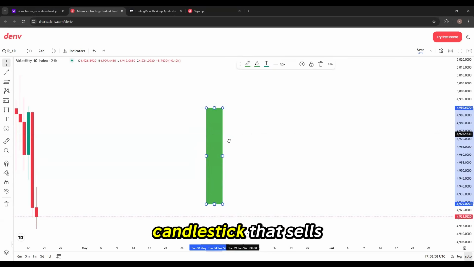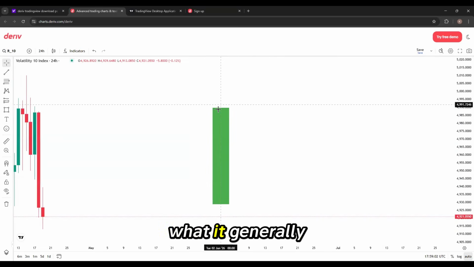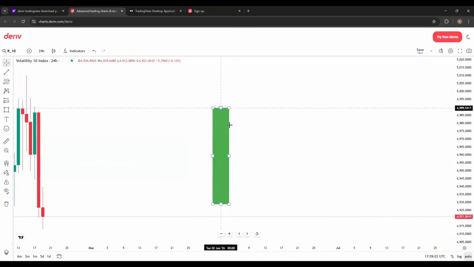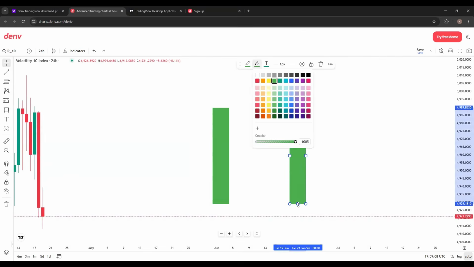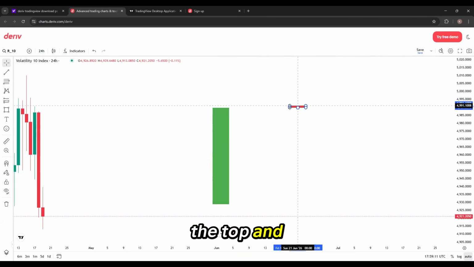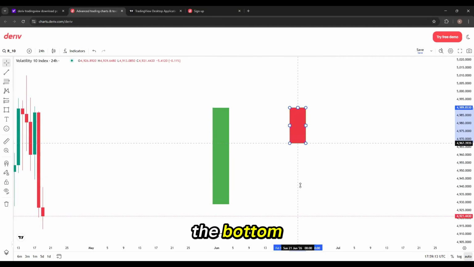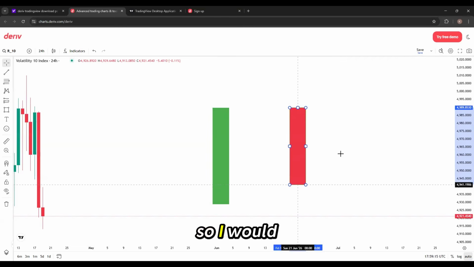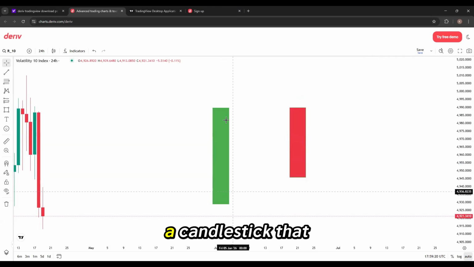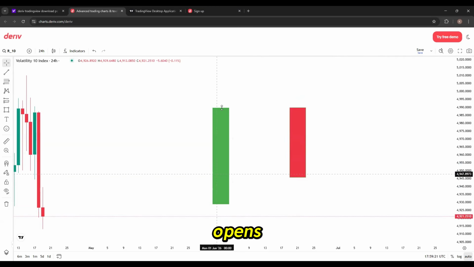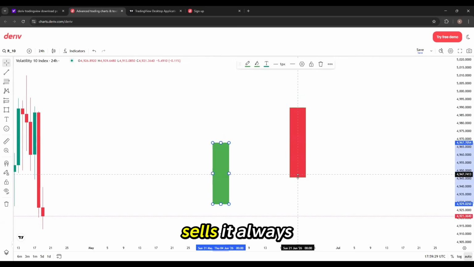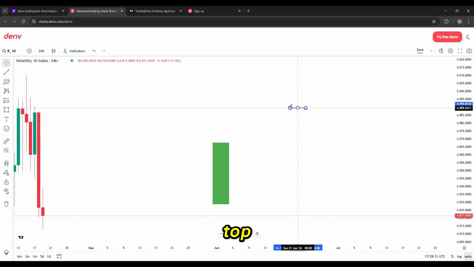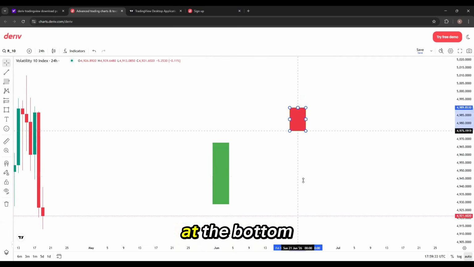And a candlestick that sells, since it's red in color, it opens from the top and it closes at the bottom. I would always want you to remember this. A candlestick that buys always opens from the bottom and closes at the top. A candlestick that sells always opens from the top and closes at the bottom.